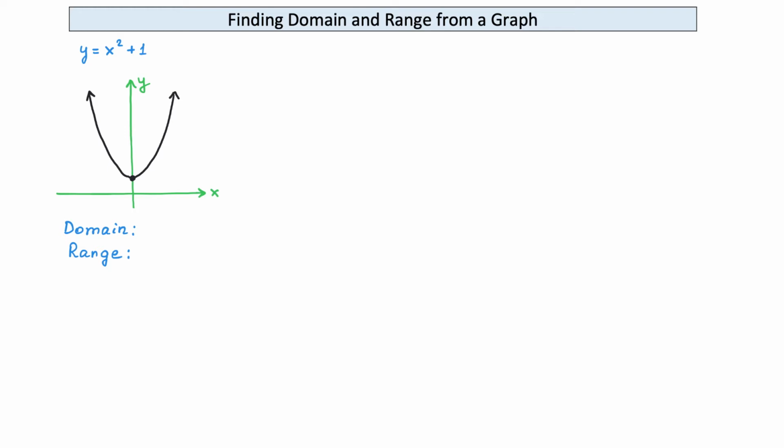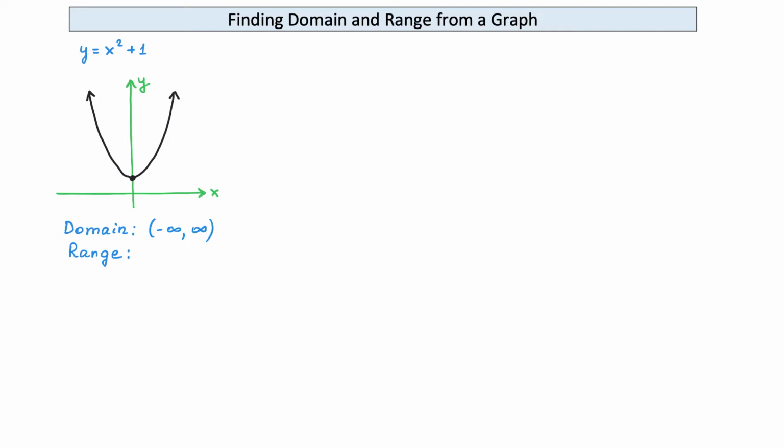To find the domain, we have to understand how far this graph stretches to the left and how far it stretches to the right. The left branch goes up and to the left indefinitely, and the right branch goes up and to the right indefinitely. So we can say that horizontally the graph stretches from negative infinity to positive infinity. So the domain is the interval from negative infinity to positive infinity.